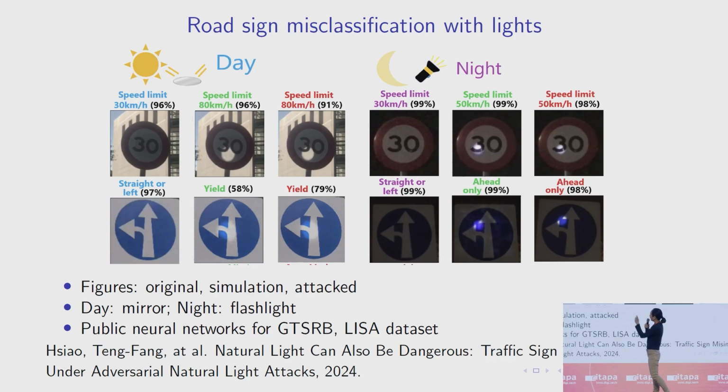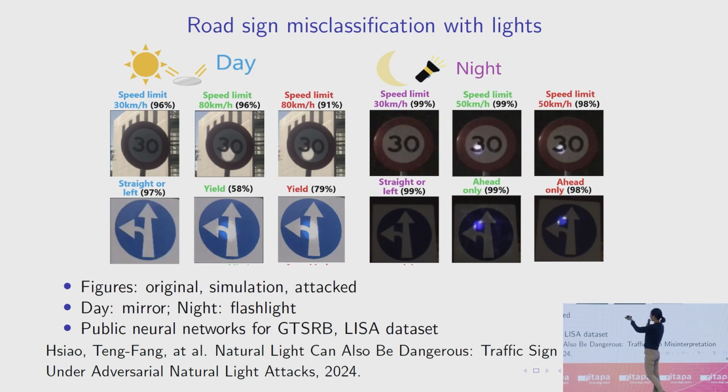For example, if the speed limit is 30 kilometers per hour, they just use a mirror to cast a light around the 3, and then it's misclassified as a speed limit of 80 kilometers per hour with very high confidence. In the last example, the original sign says turn left.